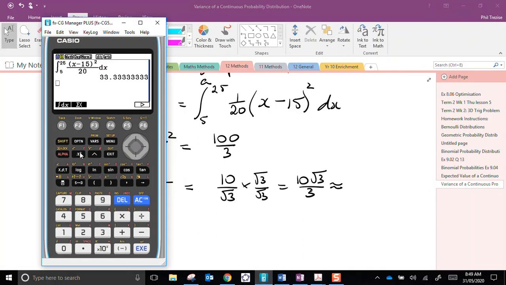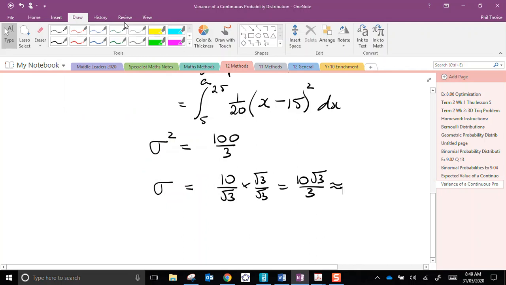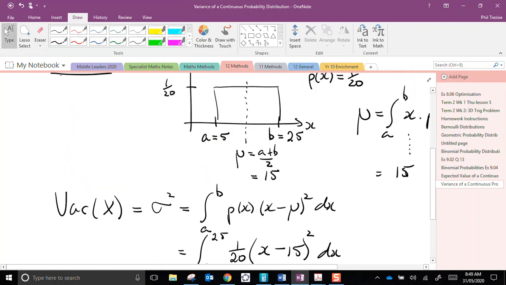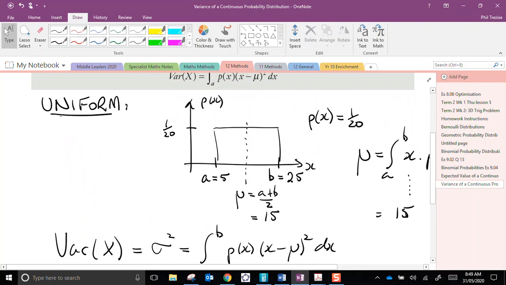So let's take the square root of the previous answer, and then 5.77. That's going to be approximate enough, 5.77. So that's how we do the variance of a uniform distribution.